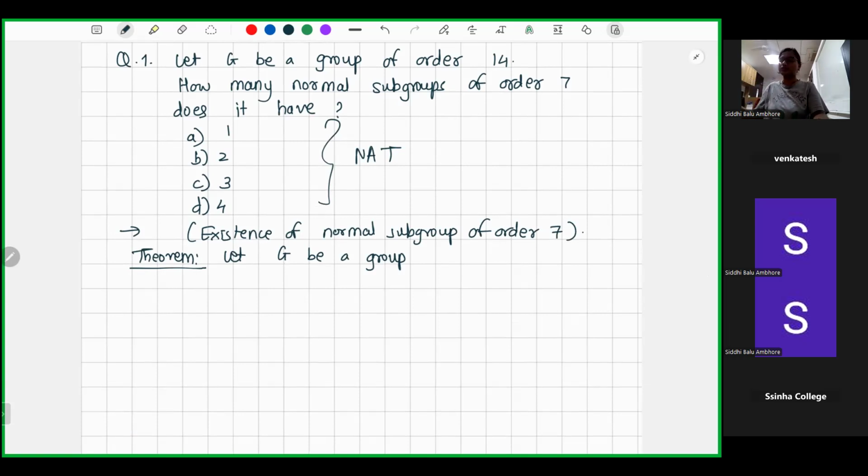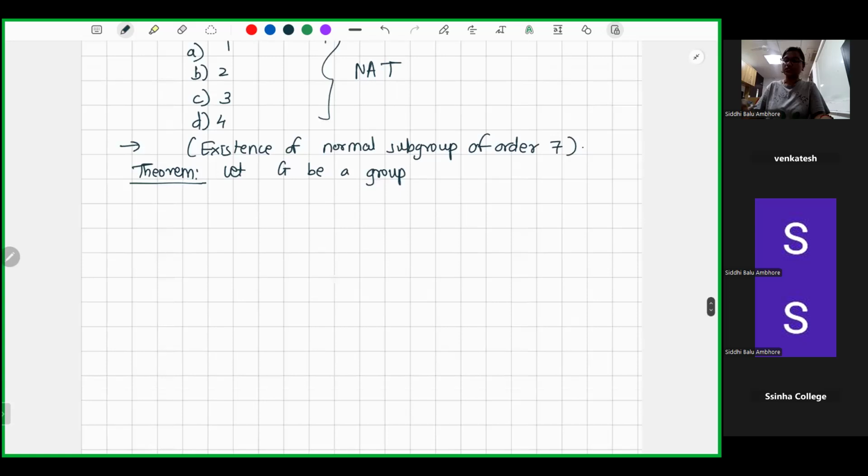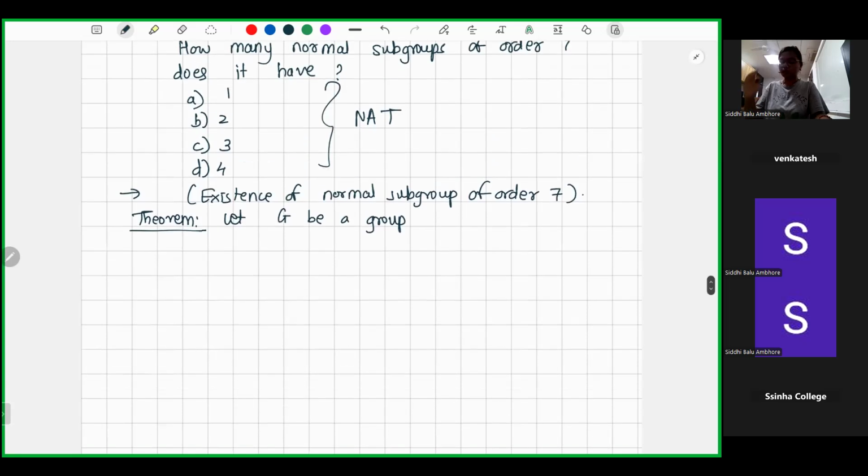I mean, no justification will be asked probably in the exam, but why will you start with the existence of at least one normal subgroup of order 7? So this is the theorem which gives us the existence of a normal subgroup of order 7.